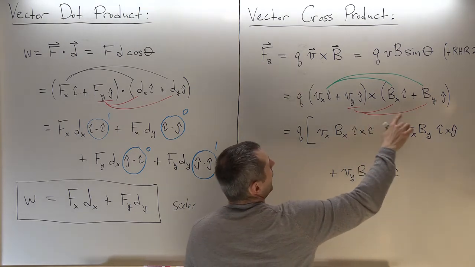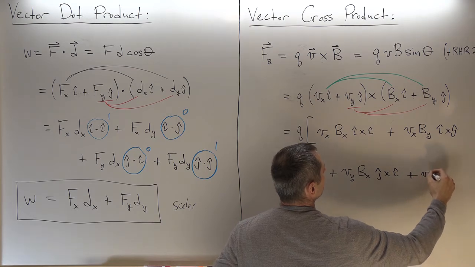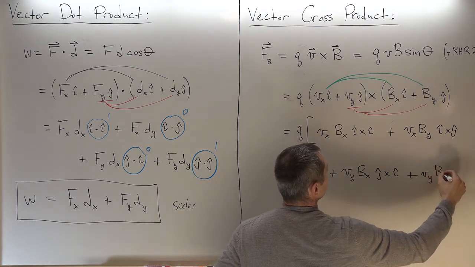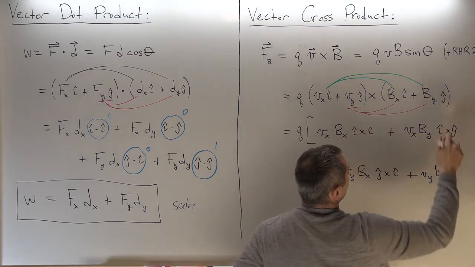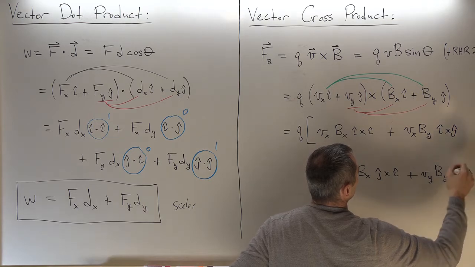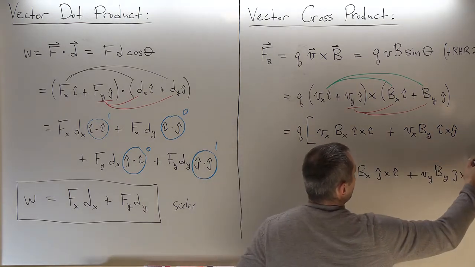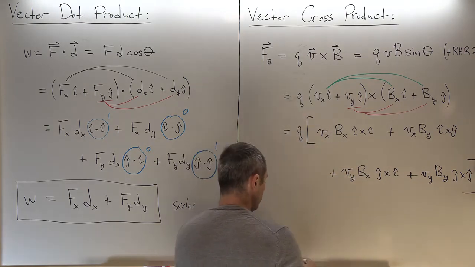And then the Vy times the By and then the j hat cross j hat is also part of this term. And I've got to close out my brackets because it's q times all of those terms.